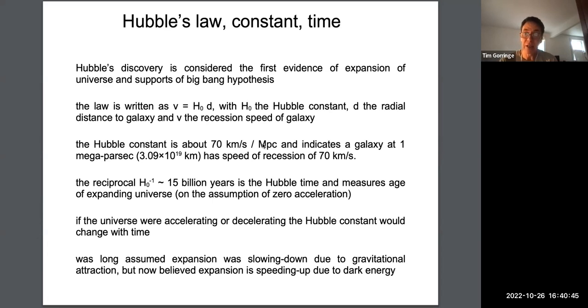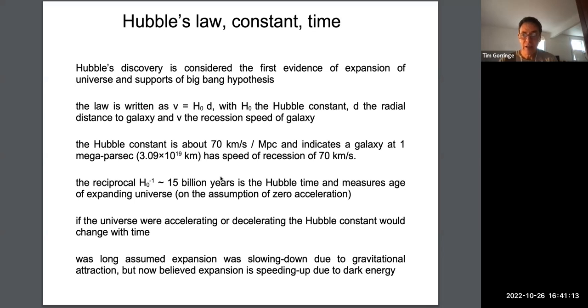But if you had a galaxy that was a megaparsec away, so 1 million parsecs away, then it would be receding from us at 70,000 kilometers a second. I'm wondering if I got a missing factor in here, actually. I better check that.